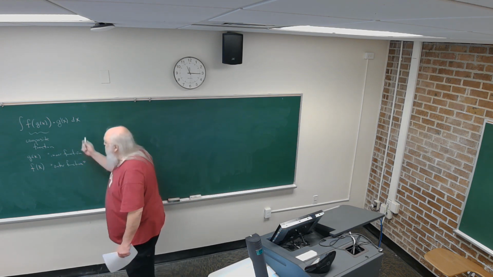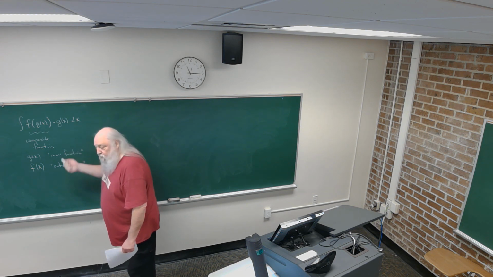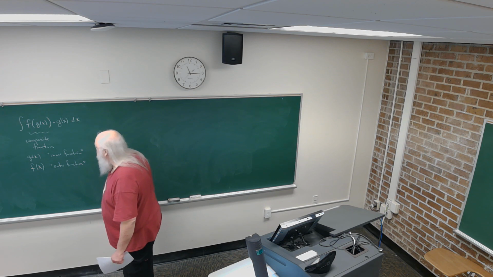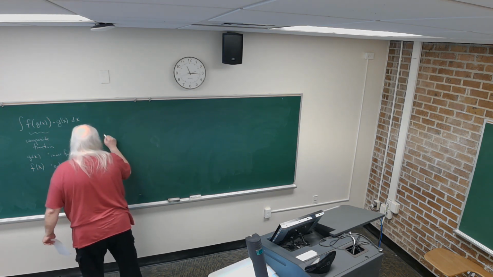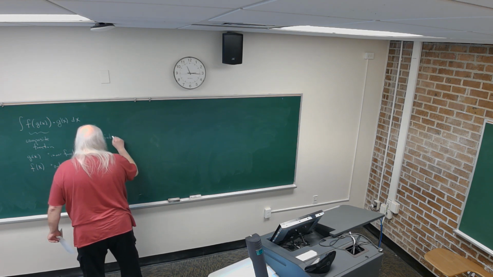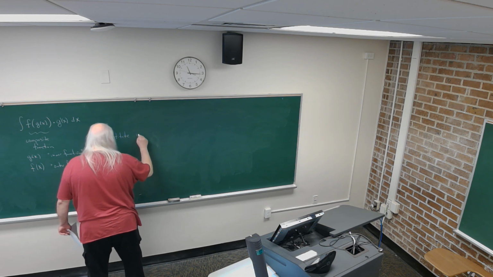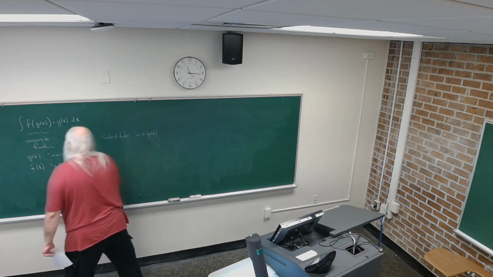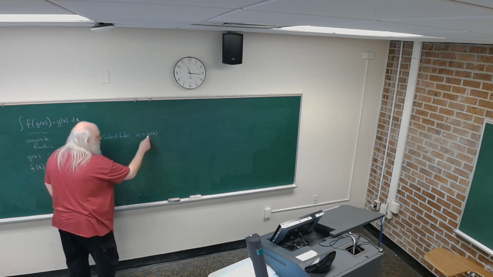We're going to transform this antiderivative into a problem where we can find the antiderivative using the basic rules of antidifferentiation. We're going to substitute variable u for the inner function g of x. Okay? So u is a function of x.